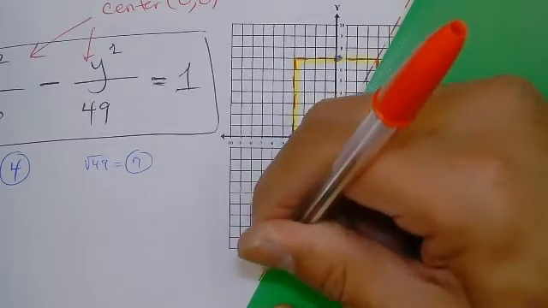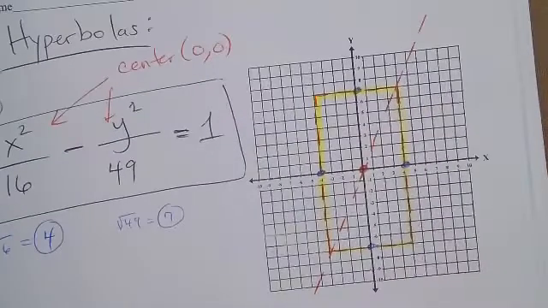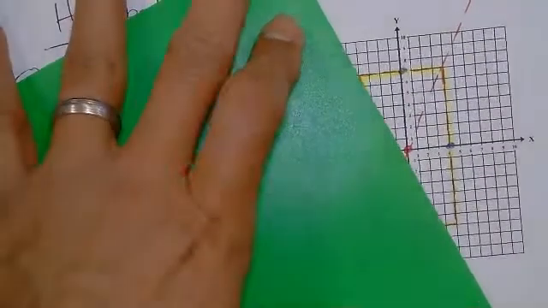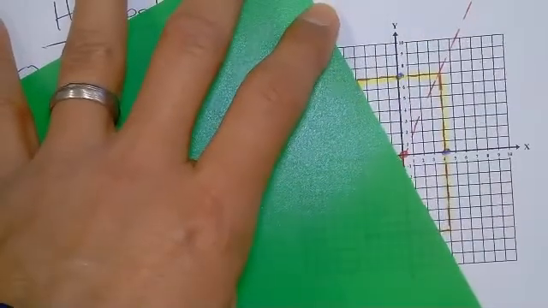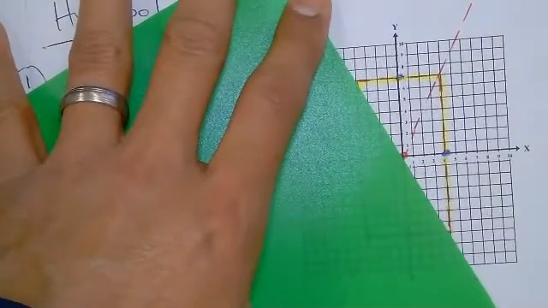Again, these are lines that we're going to use as a guide. You're going to draw one of them like that, and then the other one like this, going through the center and out the opposite corners. Yeah, there's two of them.